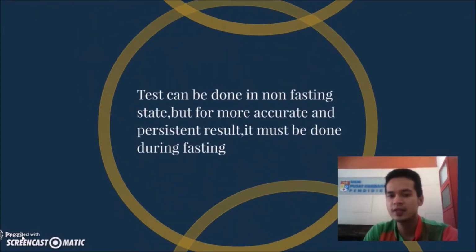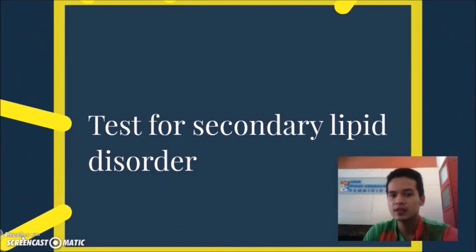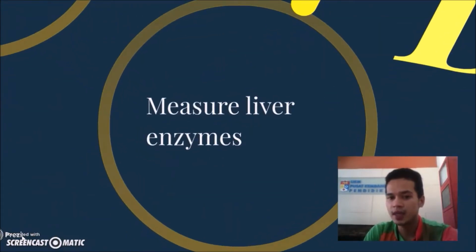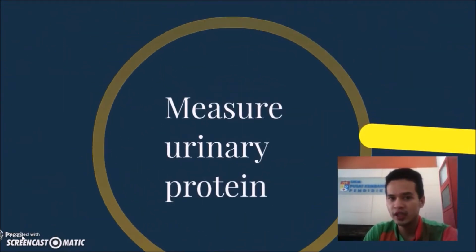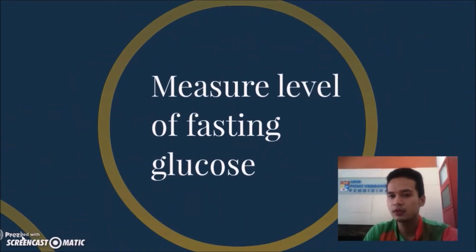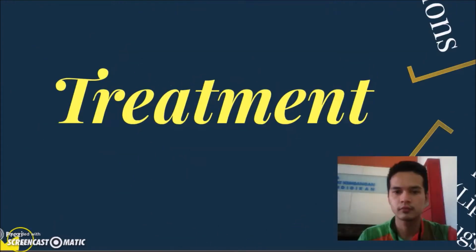Tests can be done in a non-fasting state, but for more accurate and consistent results, they must be done during fasting. The test must be postponed if the patient has an acute illness, and must wait for their recovery. Next we move on to the tests for the secondary lipid disorder. This can measure the liver enzyme, urinary protein, creatinine, or fasting glucose, and lastly, thyroid stimulating hormone.